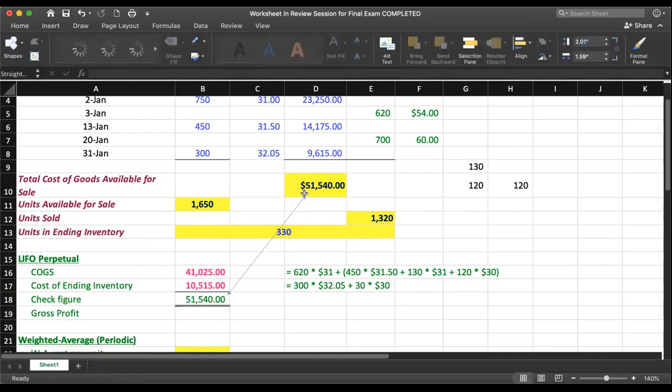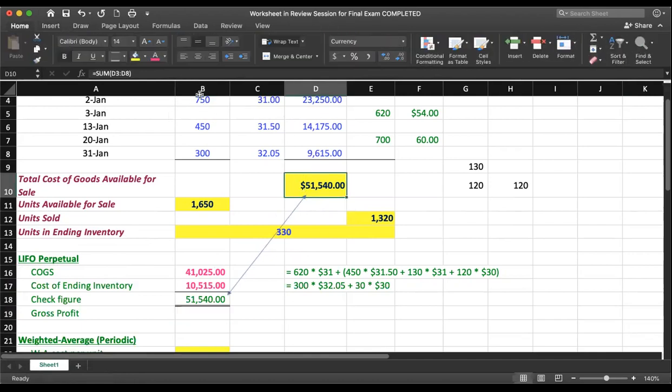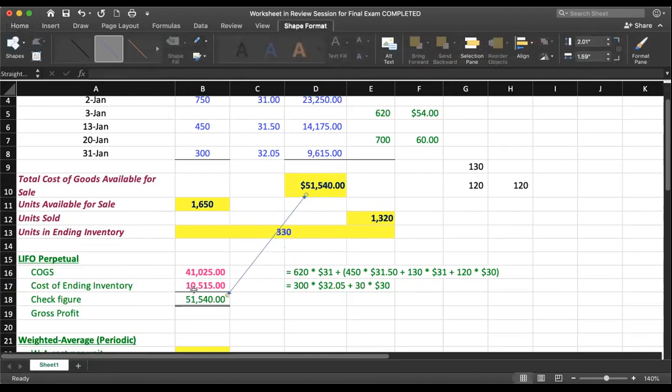The cost of goods available for sale equals the sum of the cost of goods sold plus the cost of the ending inventory.